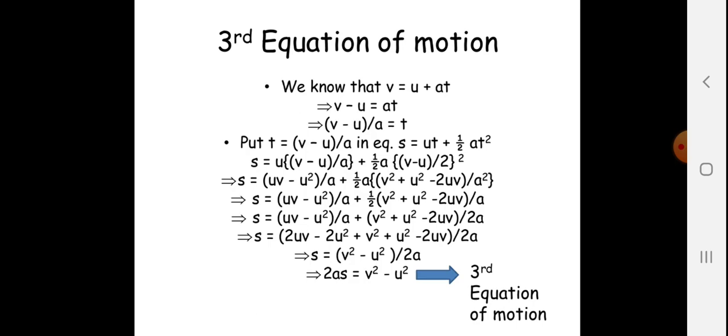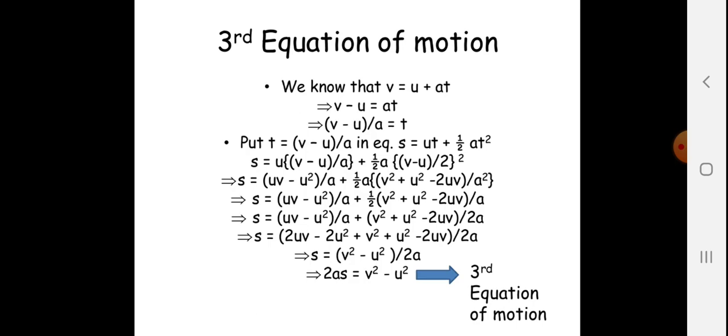Now you have to multiply here u with the first bracket. So u into v is uv minus u into u, u square, divided by a, plus 1/2 a. Now you multiply this v minus u upon a whole square. So that will give you the result v square plus u square minus 2uv divided upon a square.